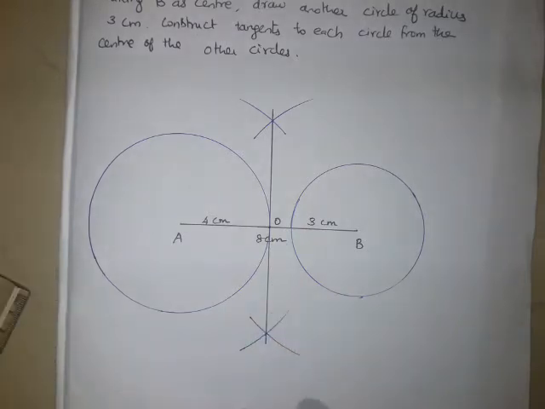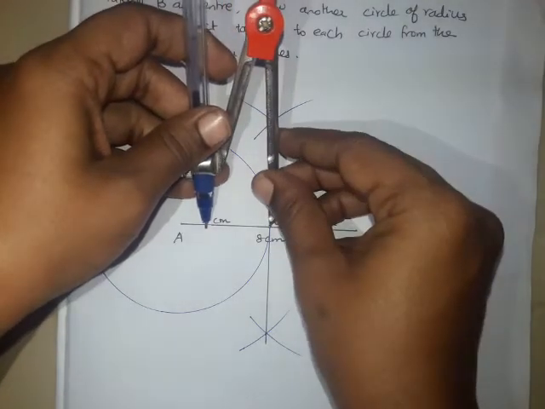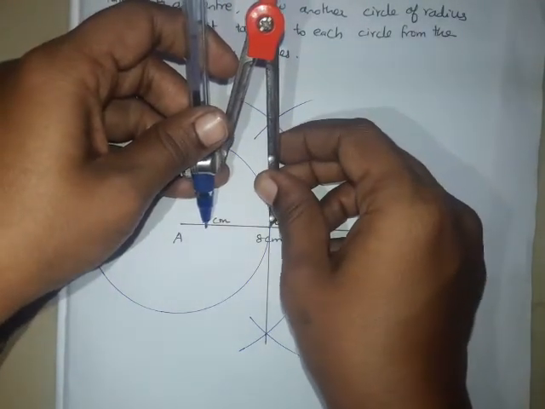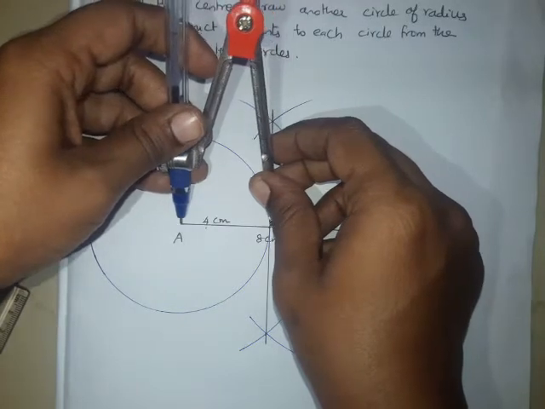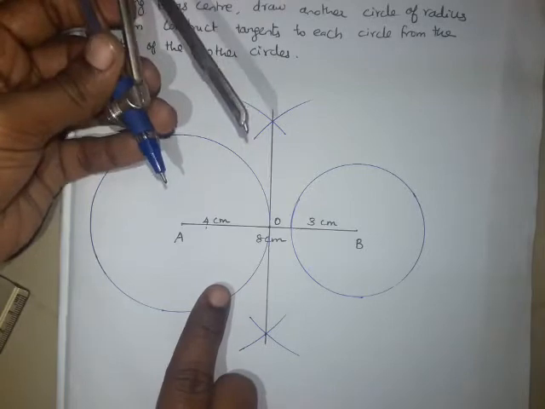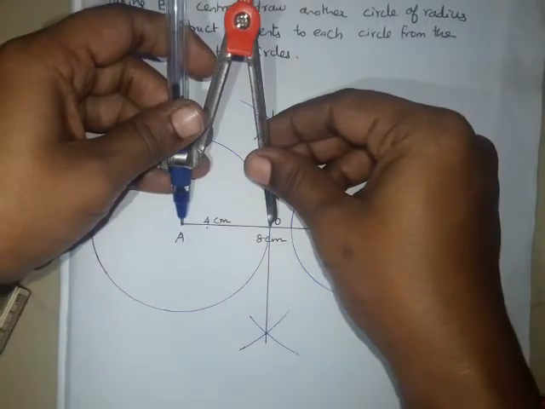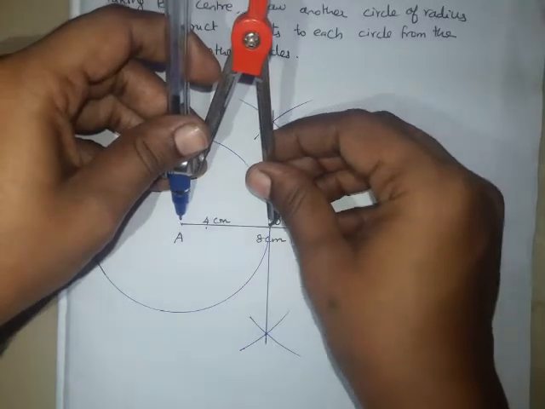Consider O as a center, OA as a radius. Okay. But see OA is also 4 centimeter. Now consider O as a center, OA as a radius.